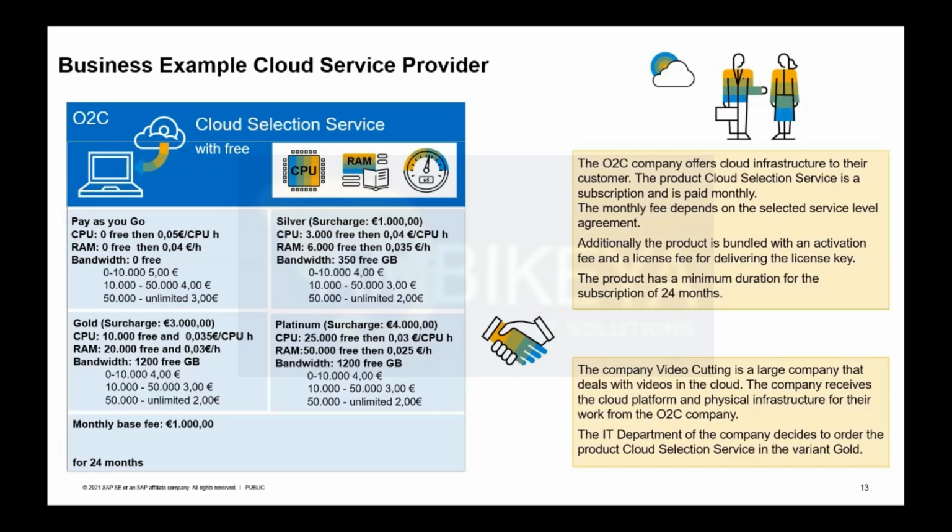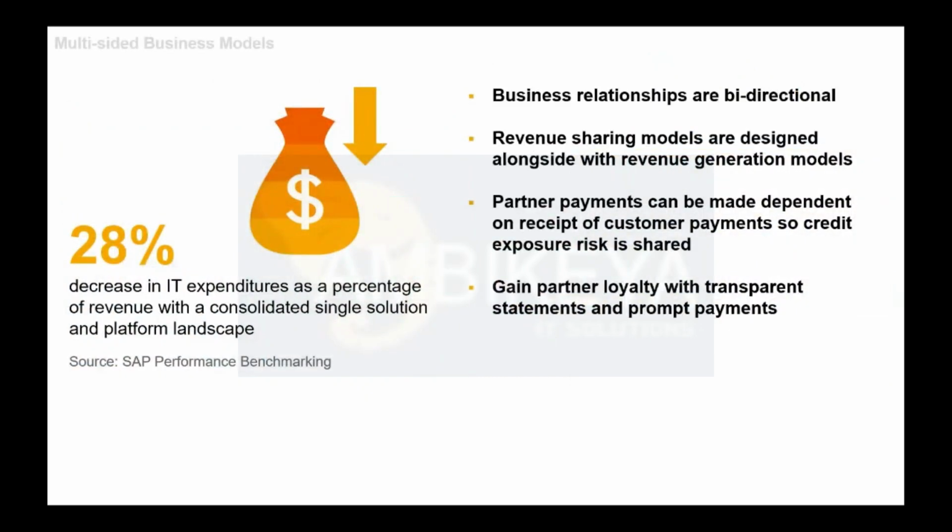Okay, that just wants to give you an overview of what you can expect in the other trainings. So all in all, BRIM helps to decrease the percentage of revenue leakage and is a single solution and platform landscape. We also have a benchmark according to convergent invoicing, according to volume.